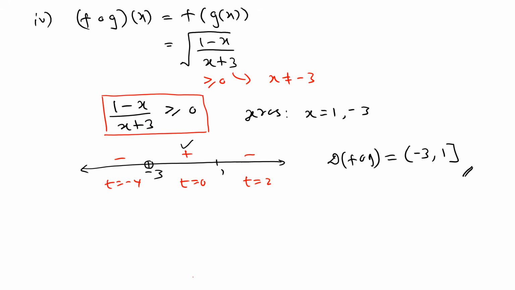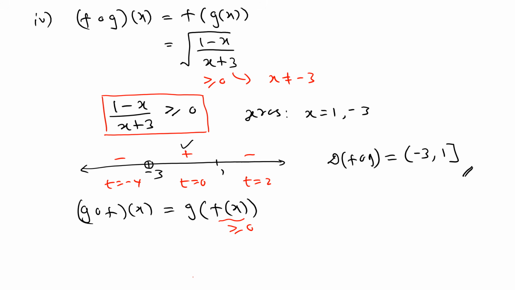For the other part, that part is actually easy. It is g circle f of x. You know that this is g of f(x). So what we're trying to do is plug the f(x) function into the g function. But we know that the f(x) function is always greater than or equal to 0.